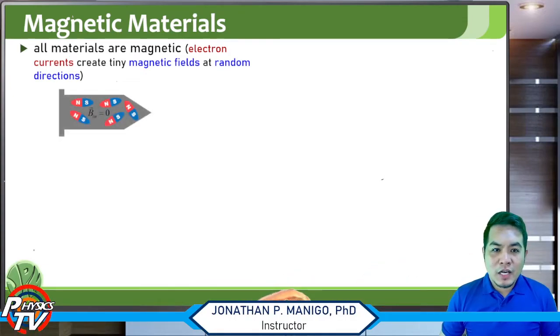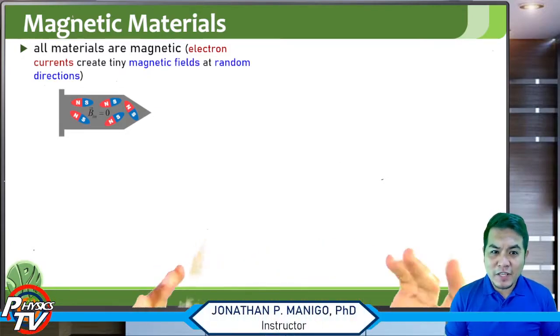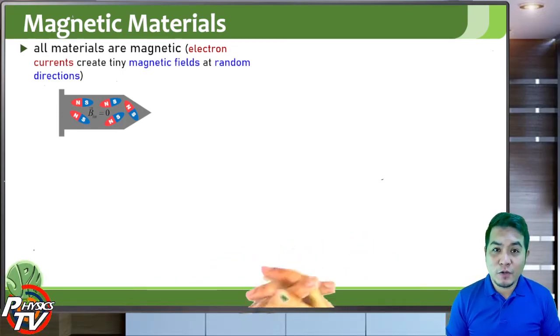You can think of any material as composed of tiny magnets, but these magnets are oriented randomly, such that they have no net magnetic field.